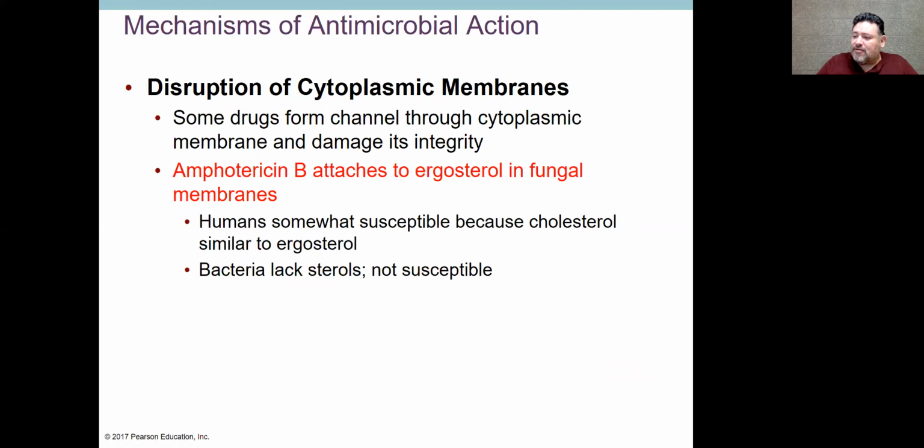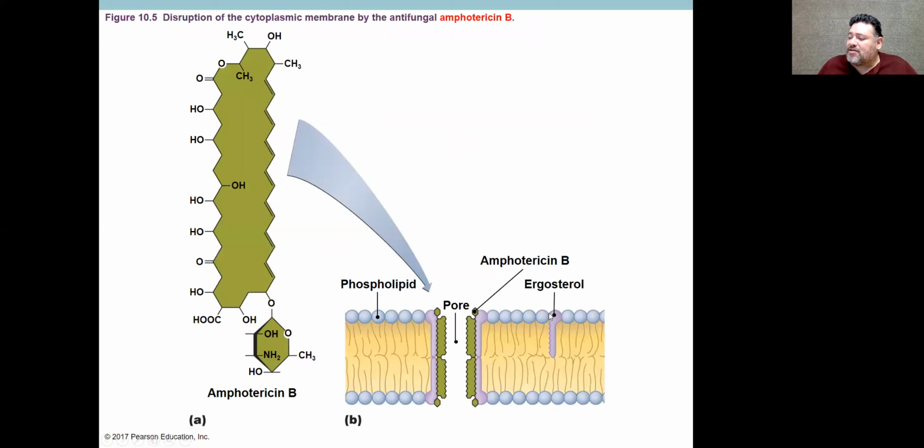Okay. So here's a picture of it. Here's a cholesterol molecule in the fungi. It's called ergosterol. This amphotericin B associates with it, and they'll do it on the inside as well, and then they'll move independently in the outside and inside leaf of the plasma membrane until it finds itself. And once it finds itself, it locks up like this, and it creates a pore.